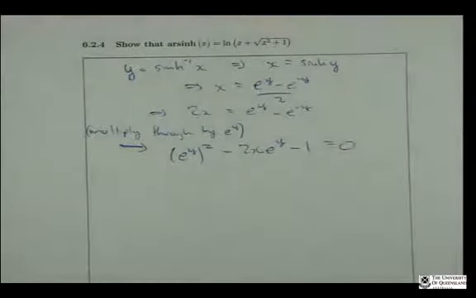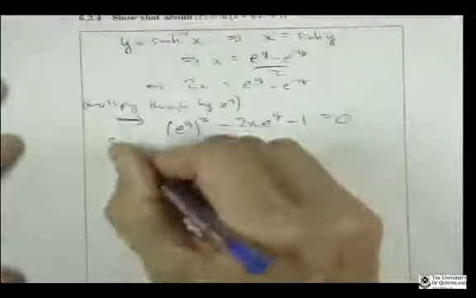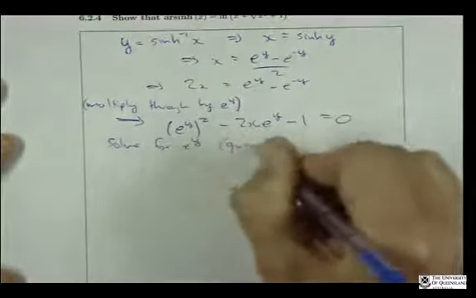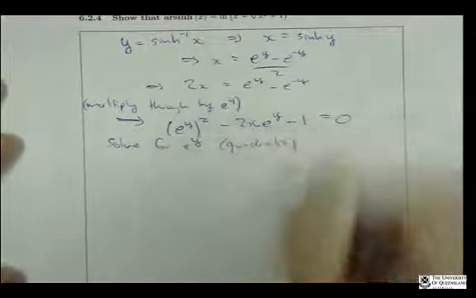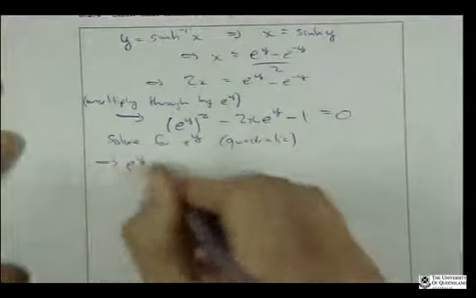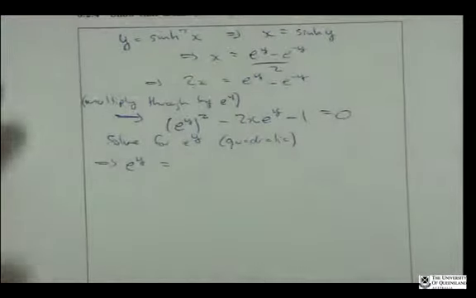So this is actually quadratic in e to the y, and what we want to do is isolate e to the y and then take the inverse of that. That'll be a way of introducing the natural logarithm. So I'll solve for e to the y. It's quadratic in e to the y, so we can just rely on the good old quadratic formula.